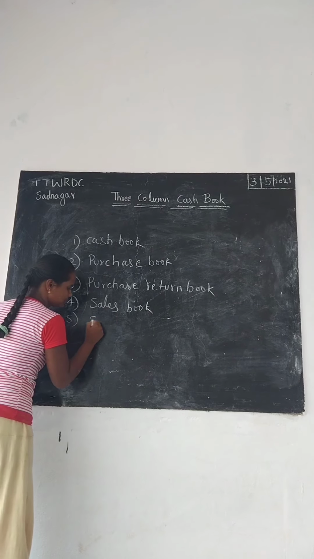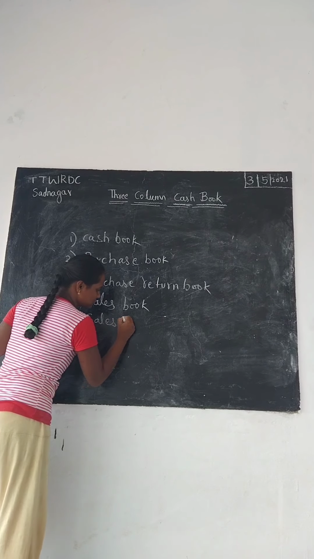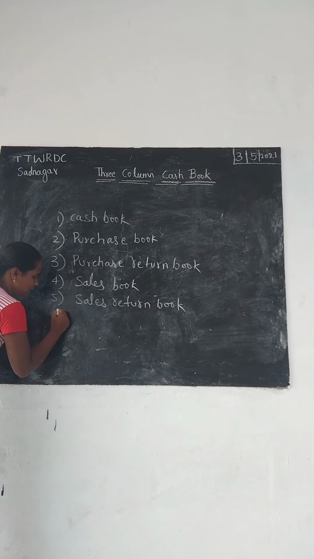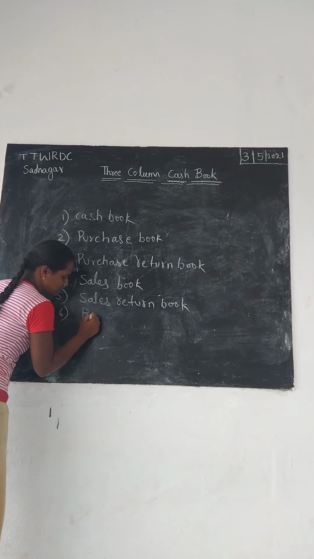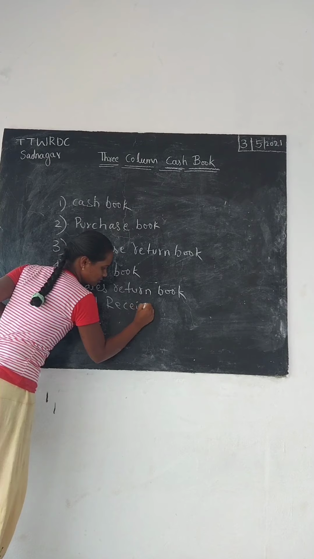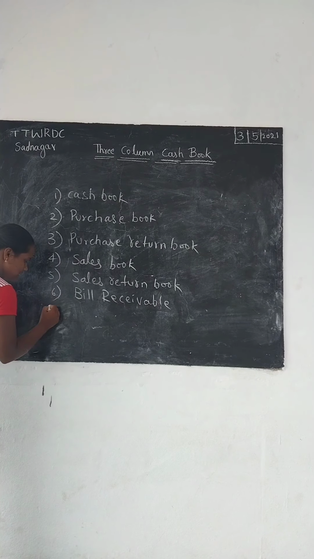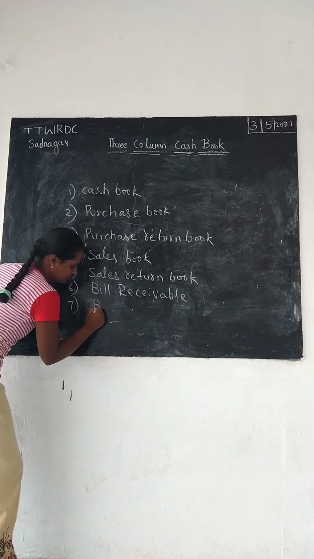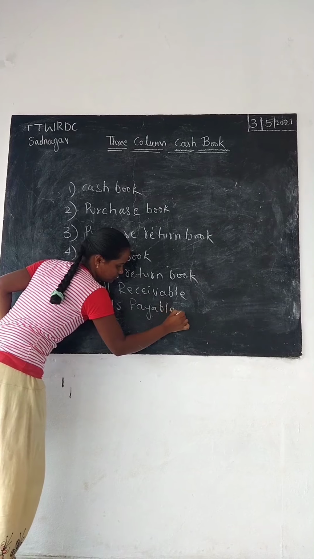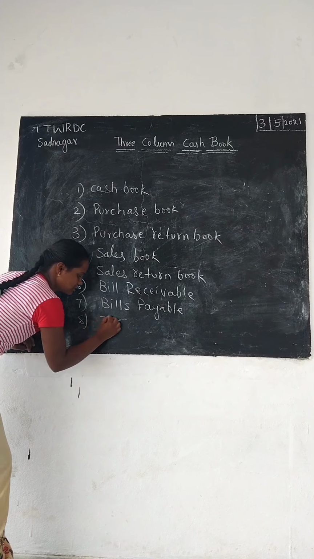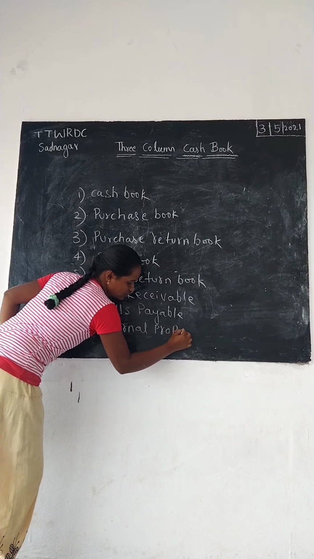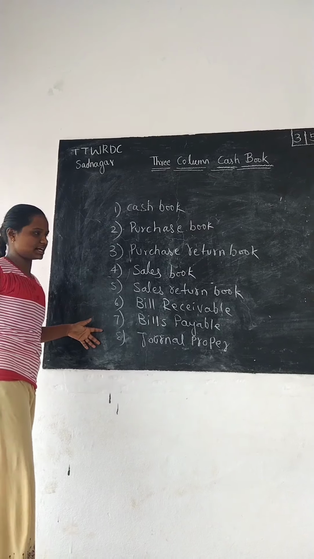Fifth one is sales returns book. Sixth one is bills receivable. Seventh one is bills payable. And eighth one is journal proper. These are the eight types of subsidiary books.